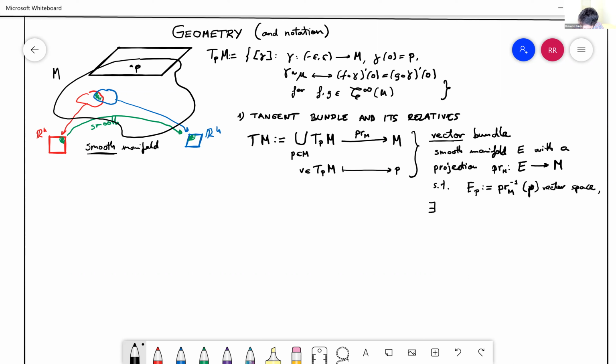I don't want to do this very long. Around each point, my bundle E over U is like U times R^s, okay?